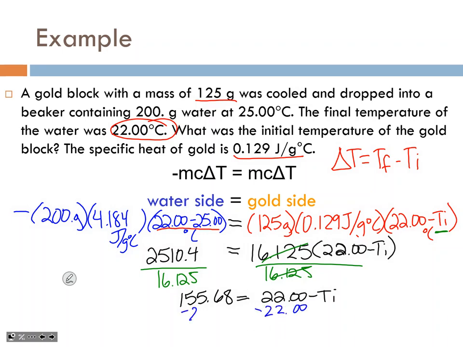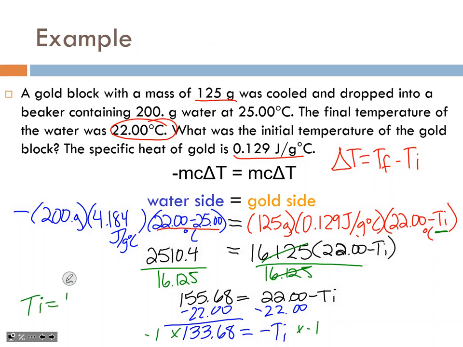Algebra skills being a little rusty and all. So this ends up being like 133.68 equals negative TI. So really, just change the signs or multiply both sides by -1, whatever you want to think about it as, because that will give you TI.